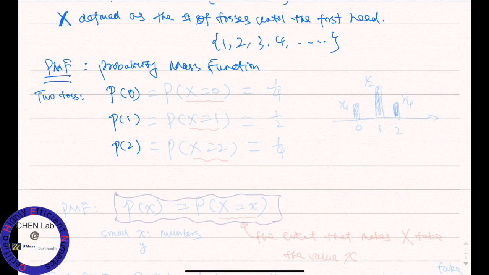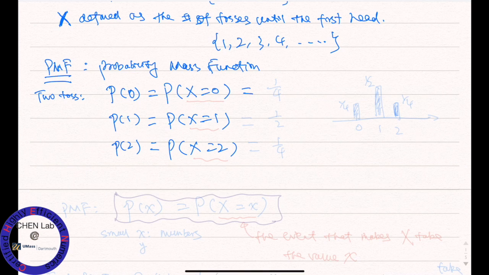I haven't given you the definition yet, but what does the function map 0 to? It maps to the probability that this random variable is equal to 0, and the probability that it is equal to 1, and the probability that it is equal to 2. It maps 0 to a number, 1 to a number, 2 to a number.